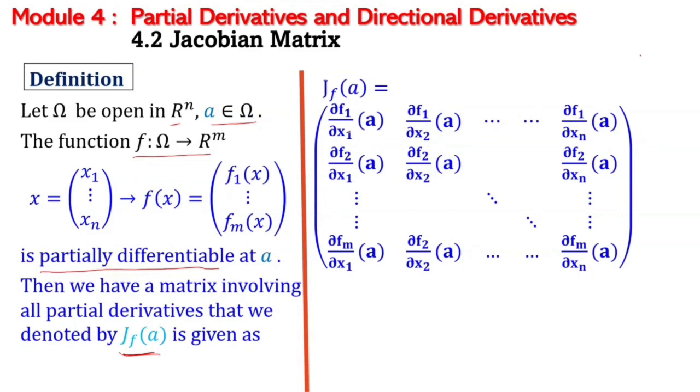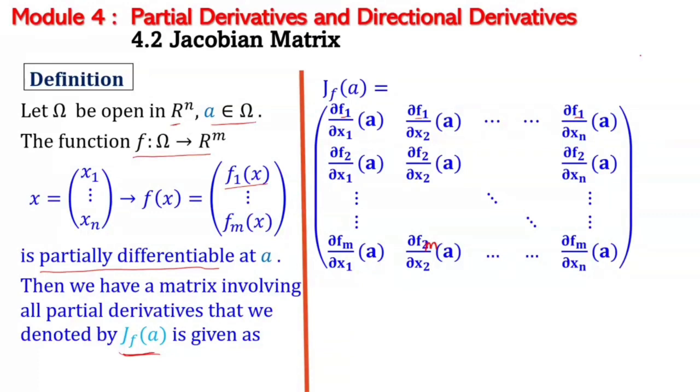Just observe that in the first row, the function is f1, so it will be the derivative of the function component f1 with respect to all the components. Then the second row is for f2, and the last one will be fm, with partial derivatives with respect to all the variables.